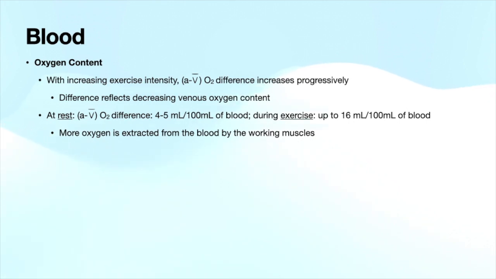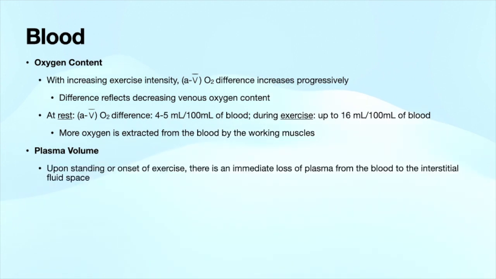So, plasma volume. What happens to our plasma volume? Upon standing or onset of exercise, there is an immediate loss of plasma from the blood to the interstitial fluid space. Plasma is a component of our blood, composed of salt, water, and proteins.